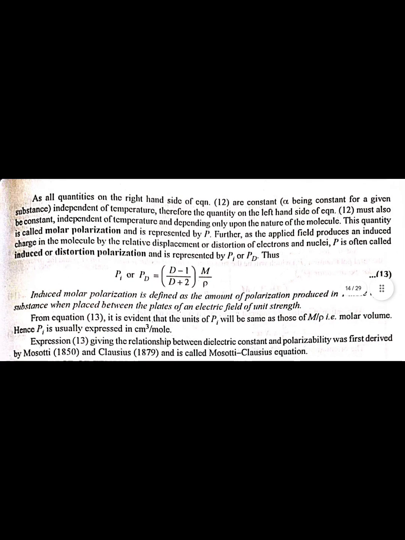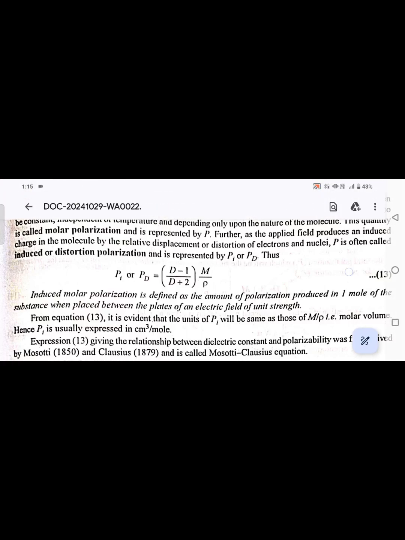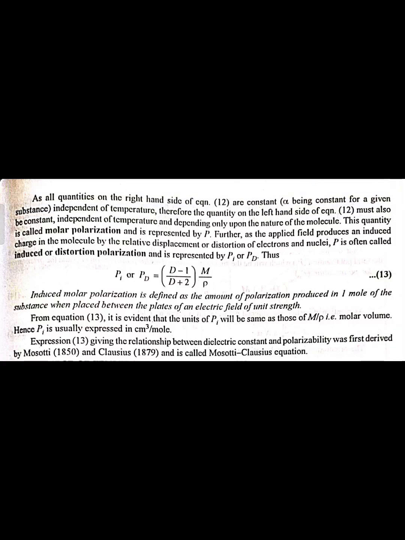As all quantities on the right hand side of equation 12 are constant, independent of temperature, the quantity on the left hand side of equation 12 must also be constant, independent of temperature and depending only upon the nature of the molecule.